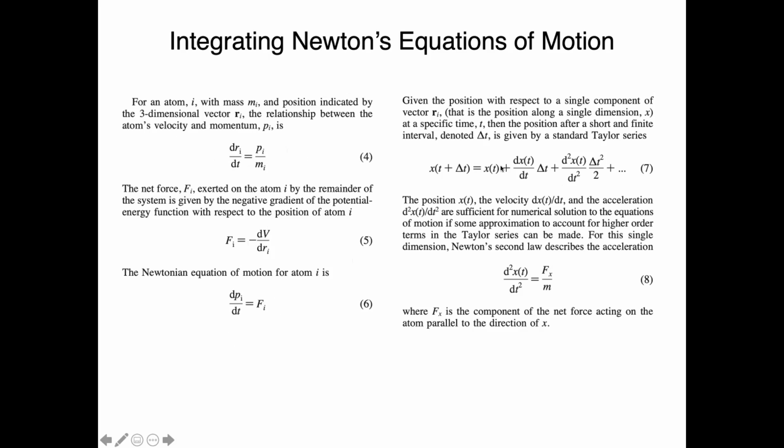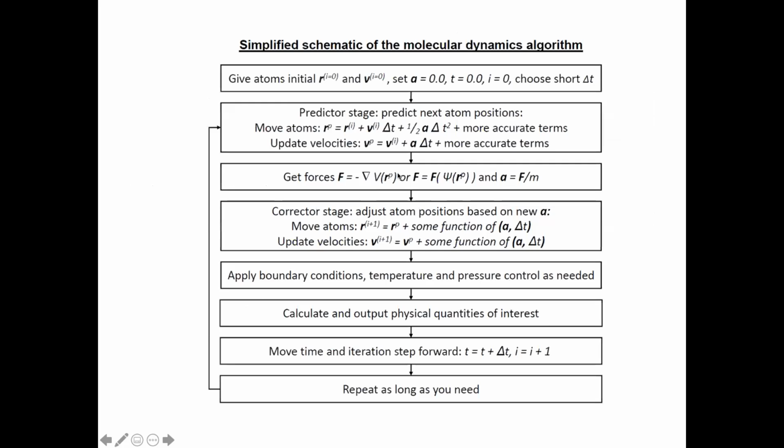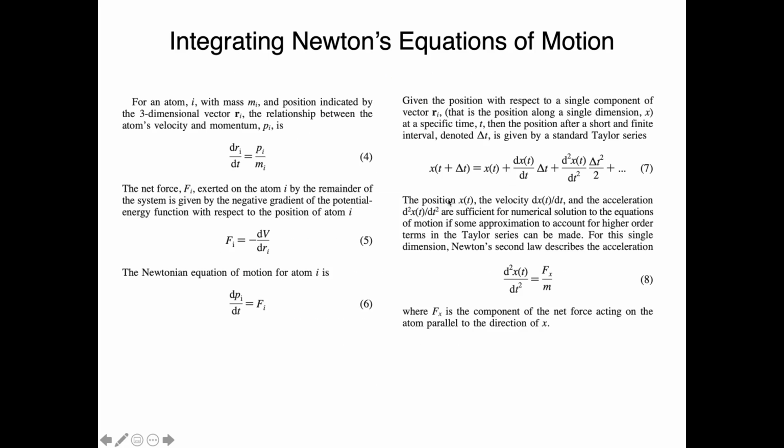And then you could come up with a numeric approximation that allows you to calculate your position, which you have now switched to as being x at some time t plus delta t, based on the current position and this update part here, right? Which is kind of like we showed in this scheme here. So the point is that all of this stems from Newton's equations of motion and applying a Taylor expansion to numerically approximate positions as a function of time.